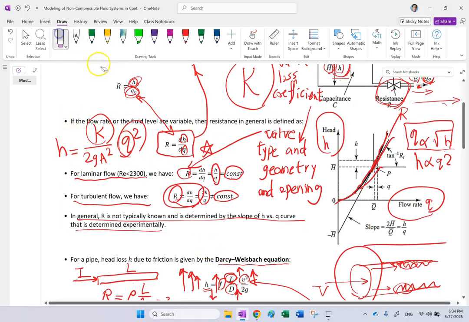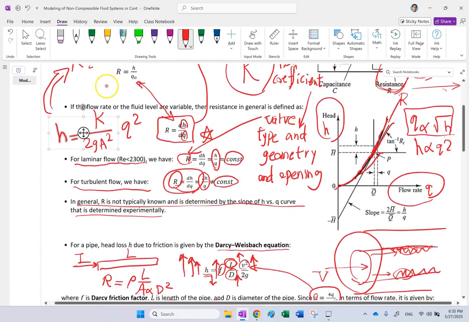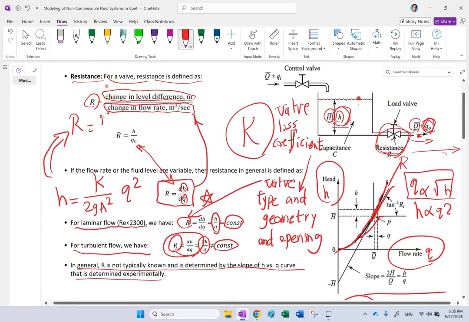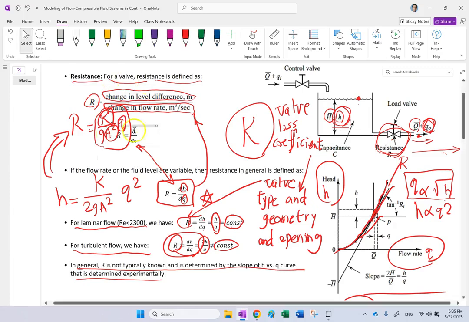So if I want to define a resistance, clearly you can see that the resistance is going to be, let me come up here and write it for you, K over G A squared times Q, right? Again, it's not constant, and it depends on the Q, it depends on A, and it depends on this valve loss coefficient. So these are the resistance for a pipe and a valve, okay?